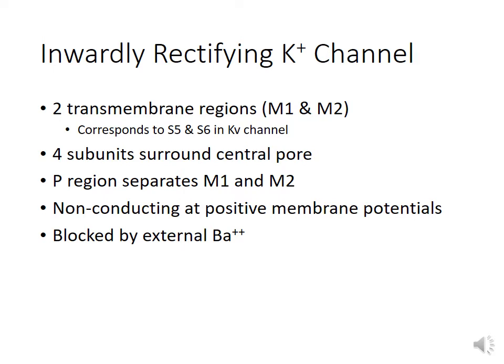If you look at the current-voltage relationship for these channels, it looks something like this, and the current is equal to 0 at approximately EK. So these channels allow large inward currents into the cell, but very small outward currents from the cell, and therefore they're called inward rectifying potassium channels.